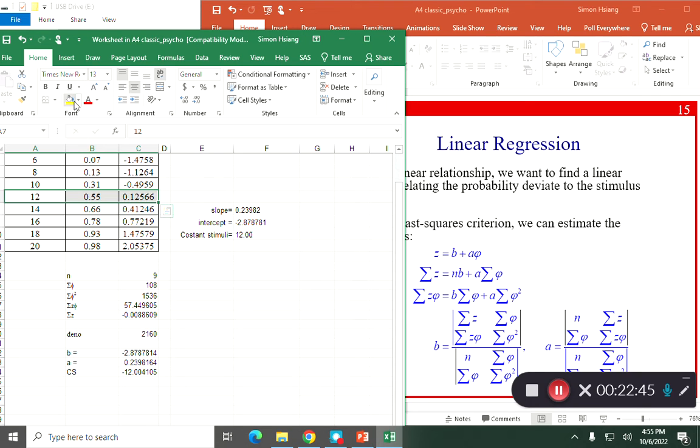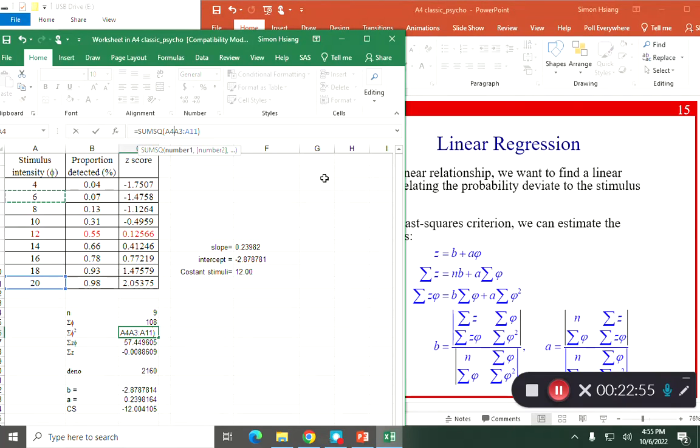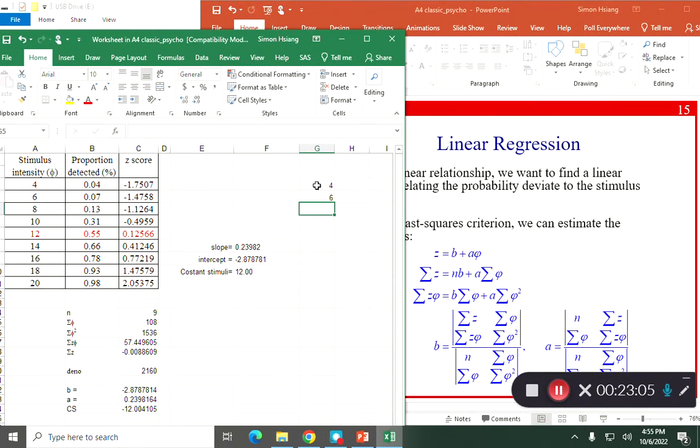I was following along, and I seem to have a different number for summation phi square. Why? Okay, let's do it again. Phi is the physical stimuli, and we're having a constant step by 2. Why did you do Sum square and not just sum? Oh, because it's phi square.